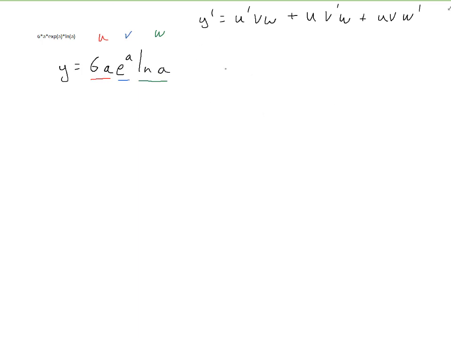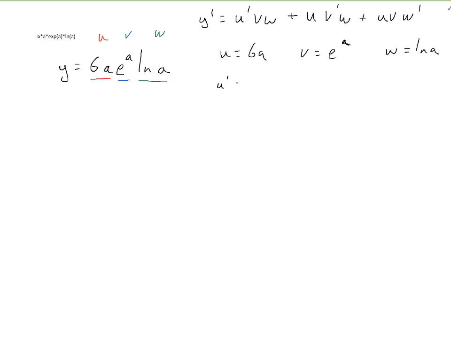So let's just do this. u then is equal to 6a, v is equal to e to the a, and w is equal to log a.